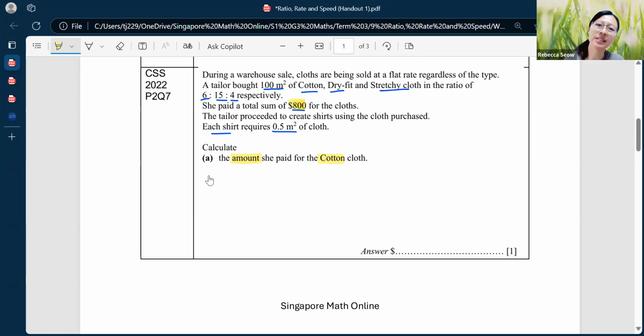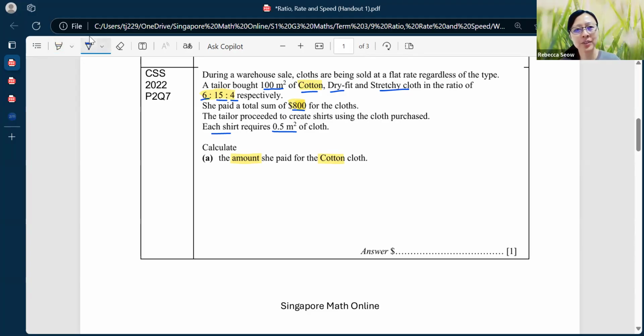And because it is $800 for everything, we need to know the ratio, right? The proportion of cloth being bought. So 6 to 15 to 4 is quite important. From there, we also need to know that in the ratio given, which quantity refers to cotton.